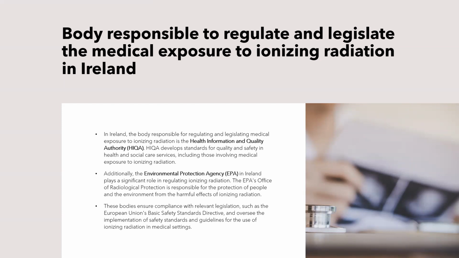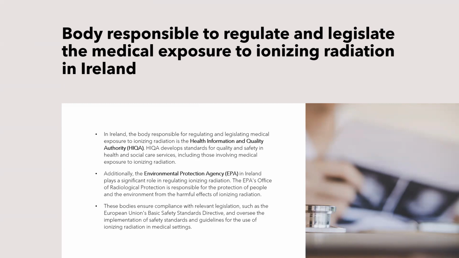In Ireland, the body responsible for regulating and legislating medical exposure to ionizing radiation is the Health Information and Quality Authority, or HIQA. It develops standards for quality and safety in health and social care services, including those involving medical exposure to ionizing radiation. Additionally, EPA in Ireland plays a significant role in regulating ionizing radiation.